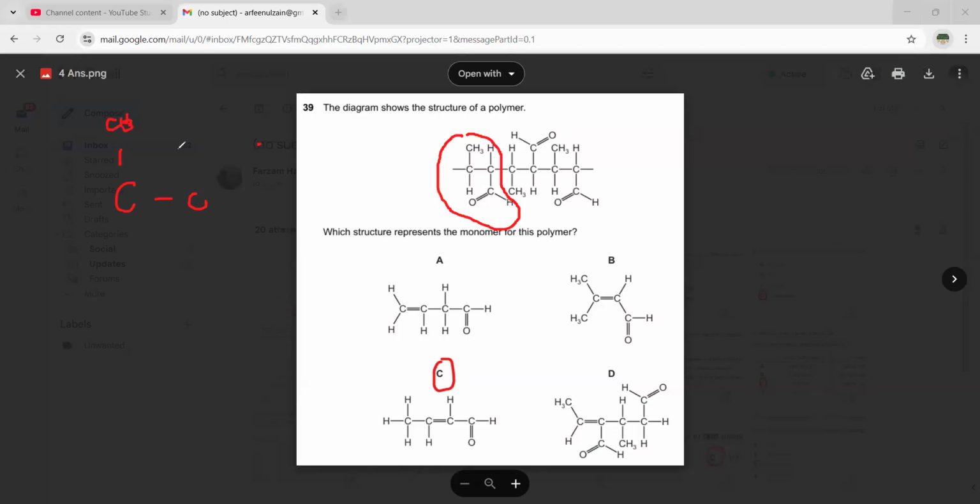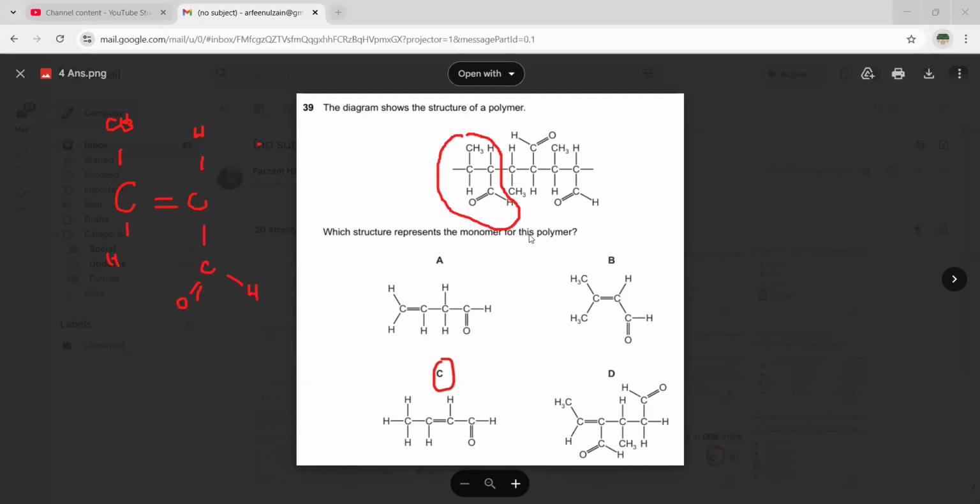This is CH3. This is H. This is C, double bonded with O, and H is there. And this is H. And if I need a monomer, what I have to do is just convert this single bond into a double bond. Then it has turned into a monomer.